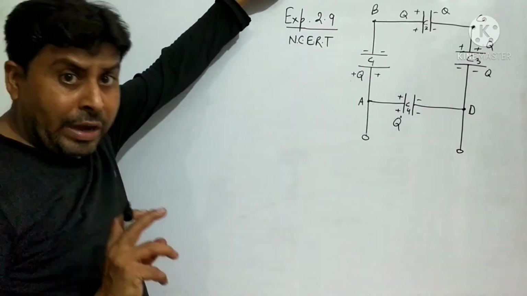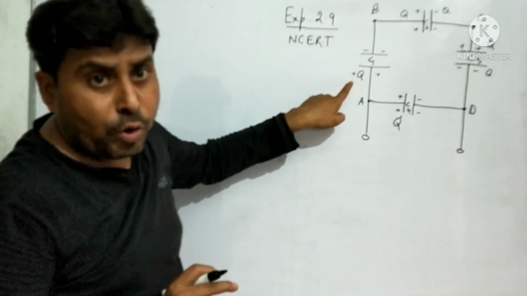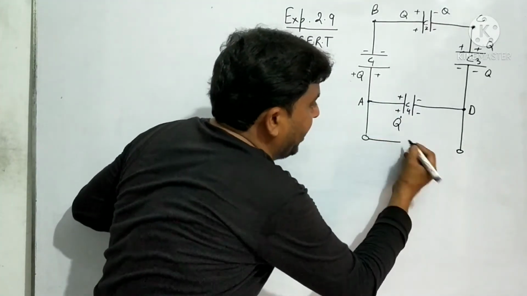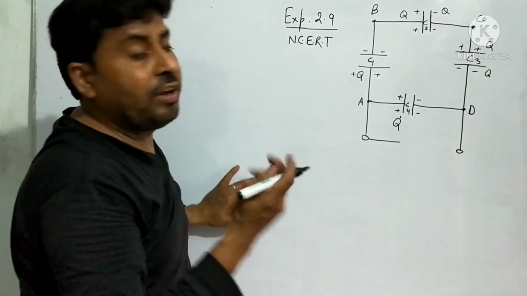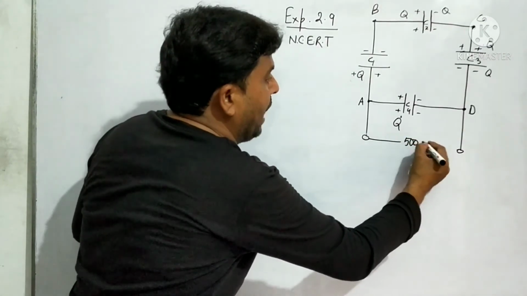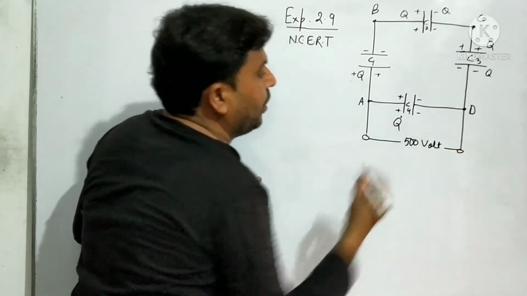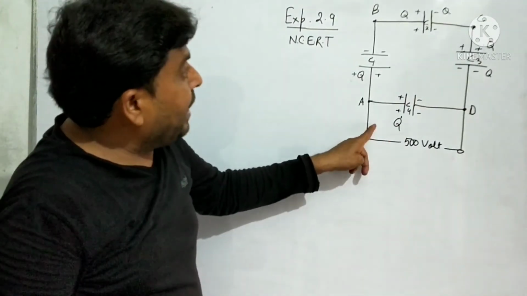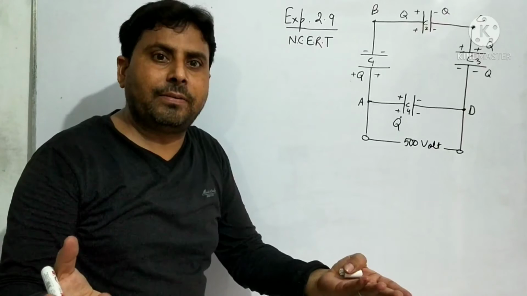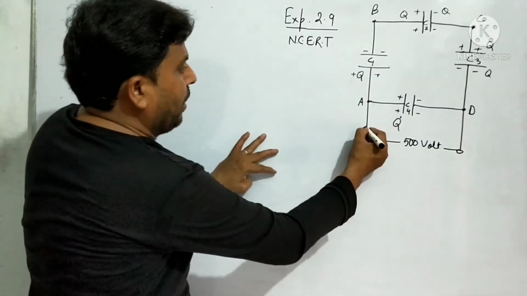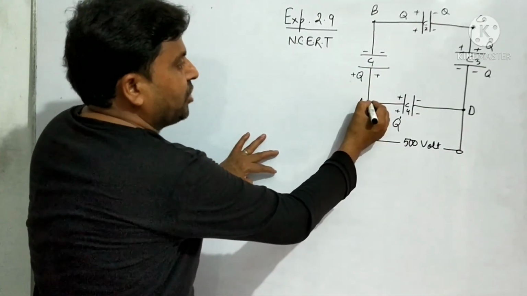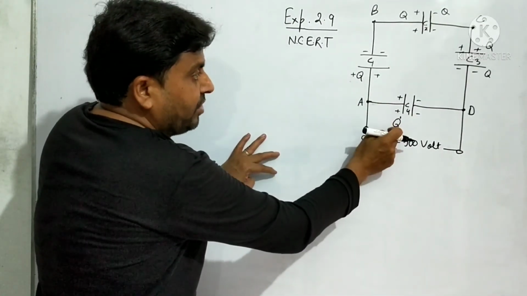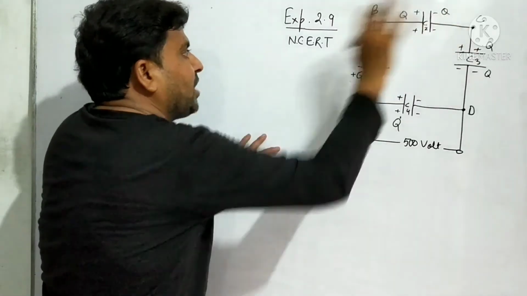Why? Because in such a combination, one more thing is here, it is connected with a source of potential difference of 500 volt. This supply is providing the potential difference to the whole circuit. When the charge passes from here, positive, to this junction, charge Q dash is here and Q is transferred to this circuit.